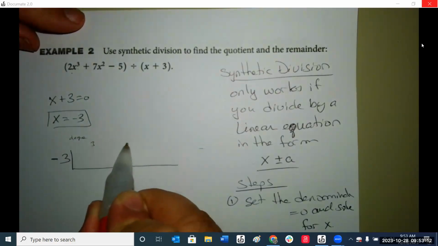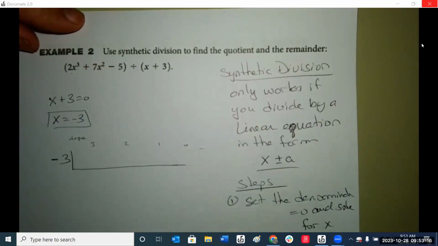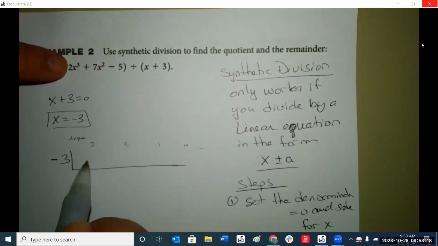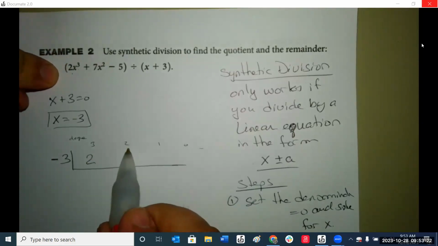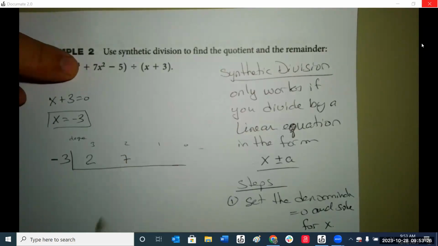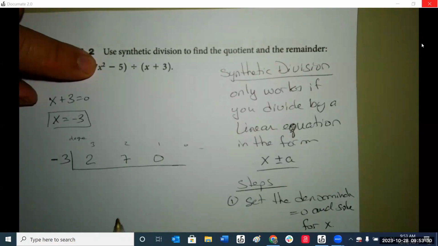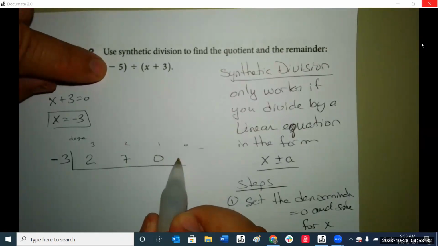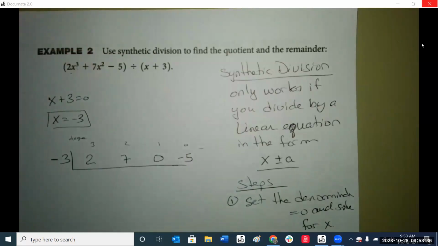We have 3, 2, 1, 0. So which one has an x with a 3? The 2. Which one has an x with a 2 on it? The positive 7. Is there an x with a 1? No. So we put a 0 there. And the last one is a negative 5 because it doesn't have any x's. You have to allocate each x has to be in there.